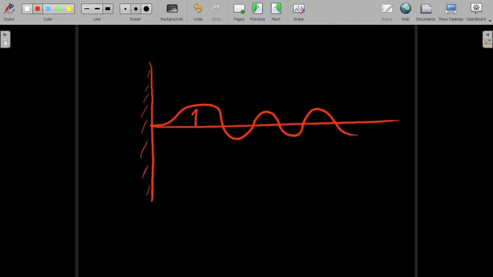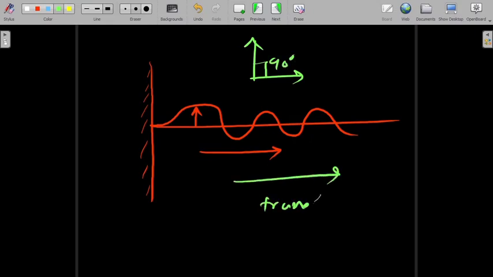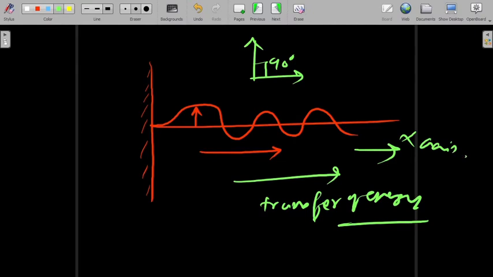The particles are moving upwards, and the direction of the wave is towards this side. What can be the angle between them? The angle between them will be 90 degrees. The transfer of energy is in this direction, the x-axis, and the particles are traveling in the y-axis direction.